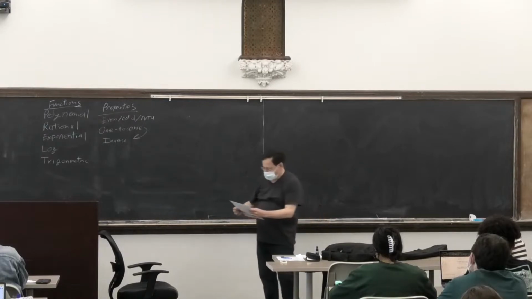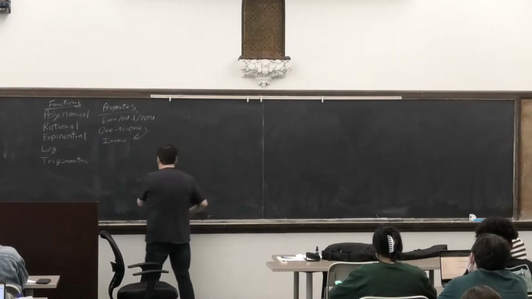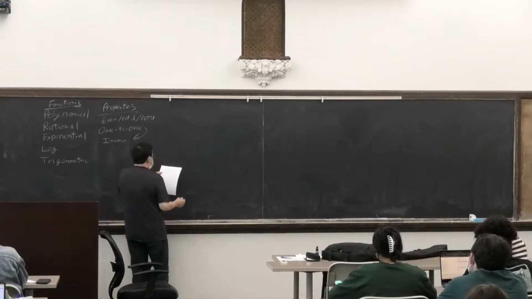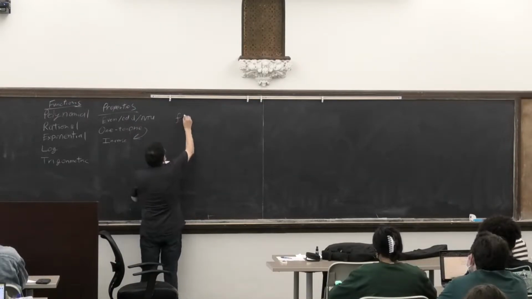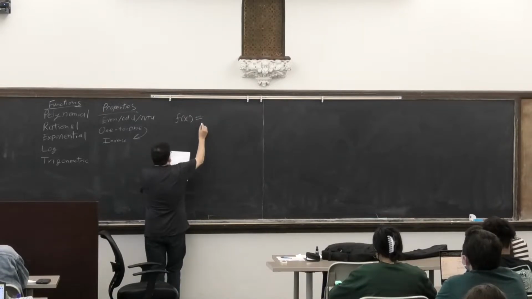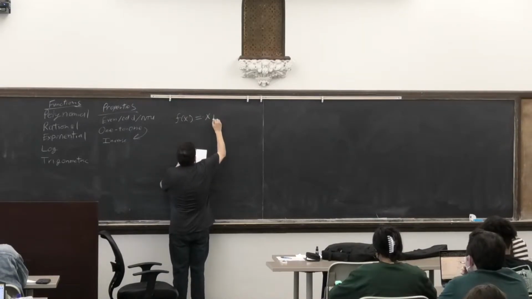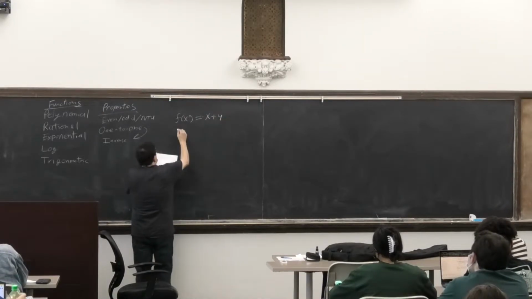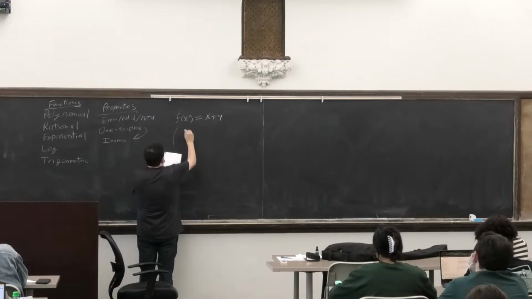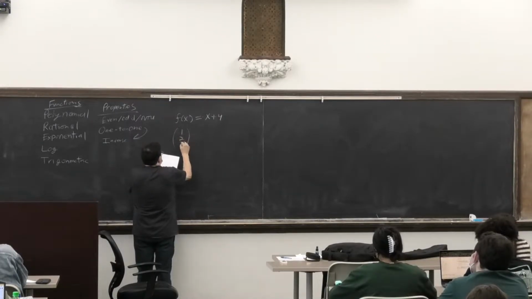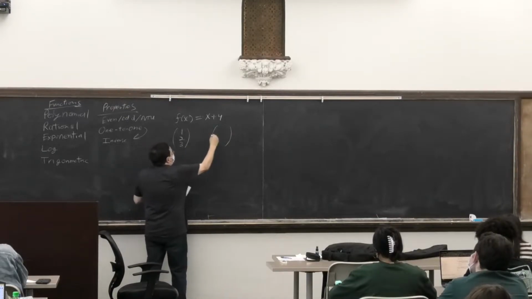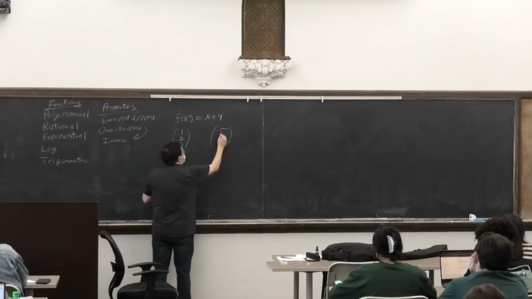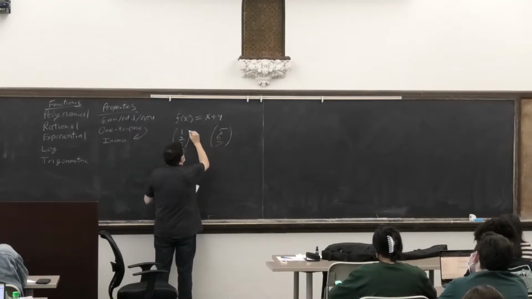Okay, so let's look at a simple example of a one-to-one function. We're going to take the mapping f of x is x plus 4, and we're going to have a very small domain here. It's going to be 1, 2, 3. So, of course, 1 goes to 5, 2 goes to 6, and 3 goes to 7.